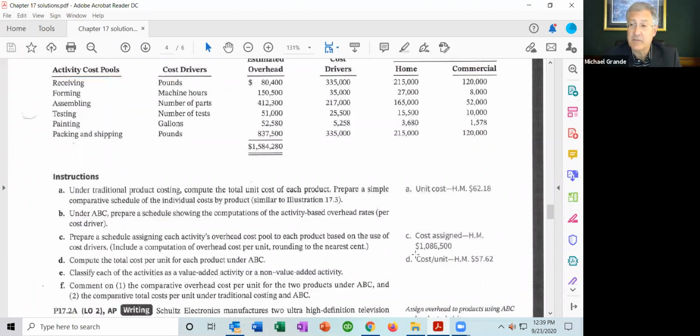Is there a shift in the cost between traditional and activity-based costing? So A says, under the traditional product costing, compute the total cost per unit of each product.